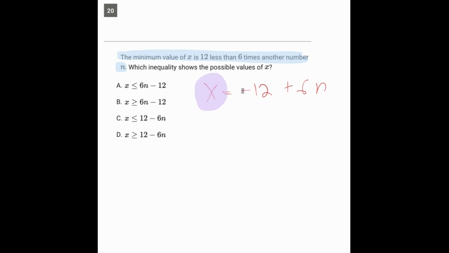So instead of saying x is equal to all this stuff, we're going to say x is greater than or equal to all this stuff. And there we have it. That is our answer there. And the one that matches it is going to be answer choice B. x is negative 12 plus 6n.